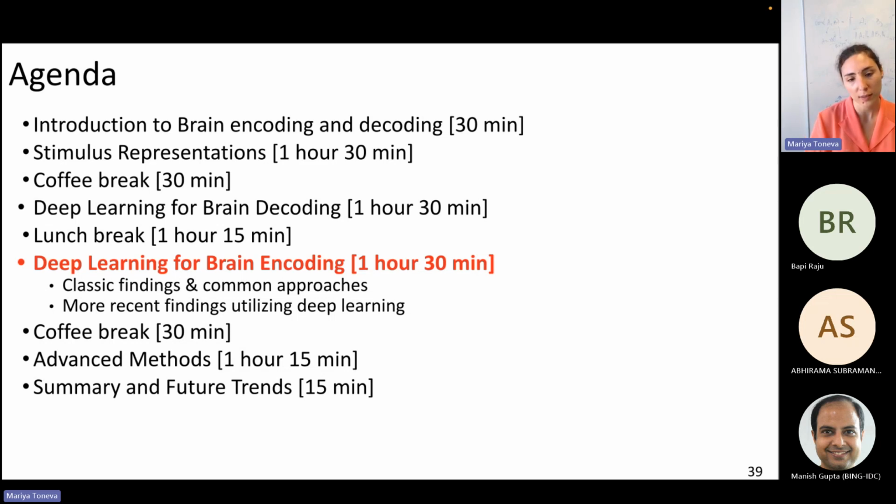These are models that take as input actual video frames and auditory input, and even the transcript of the speech that happens in the video, and then combine all these into a joint representation. You use this representation as input to an encoding model.